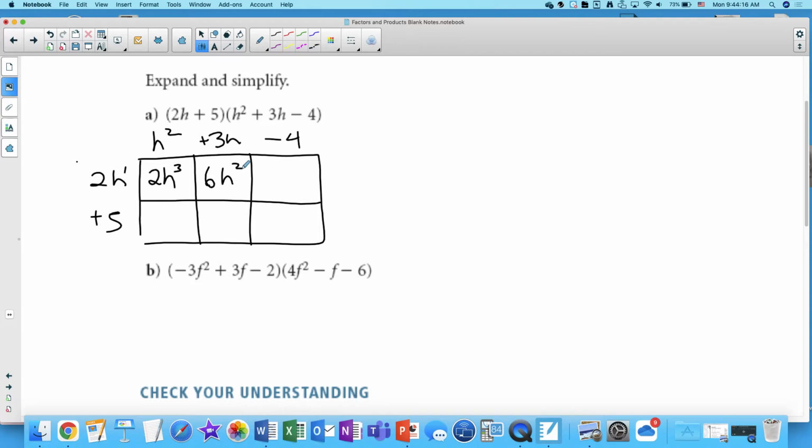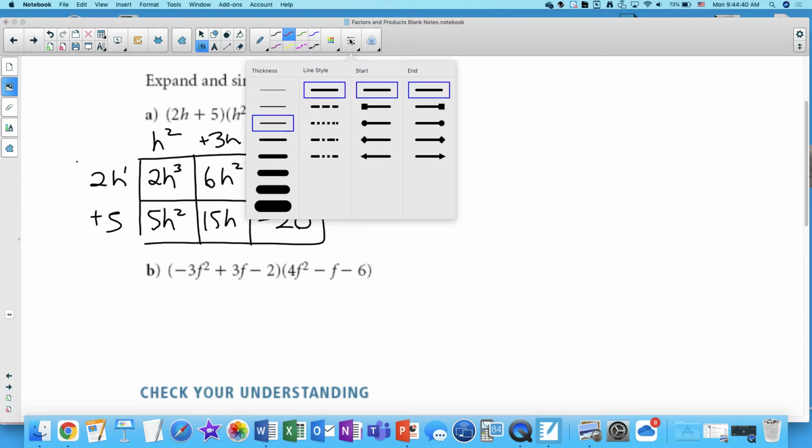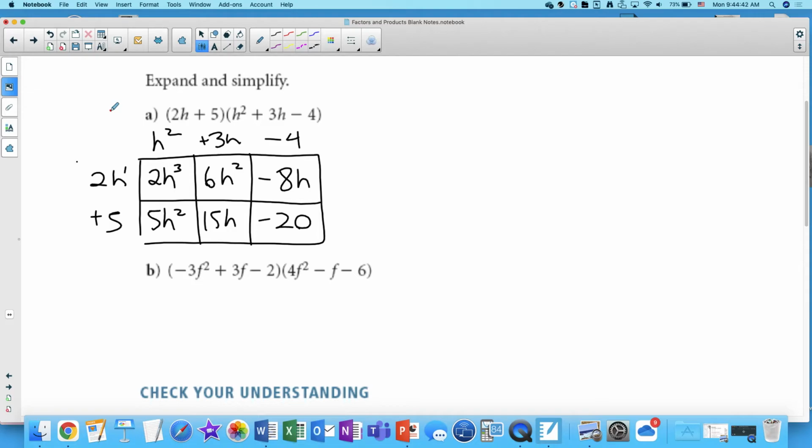So h squared times 5 is 5h squared. 3h times 5 is 15h, and 5 times negative 4 is minus 20, okay? And now, although this is not a square, there are like terms again along the diagonal. So I've got this, this, this, and this.